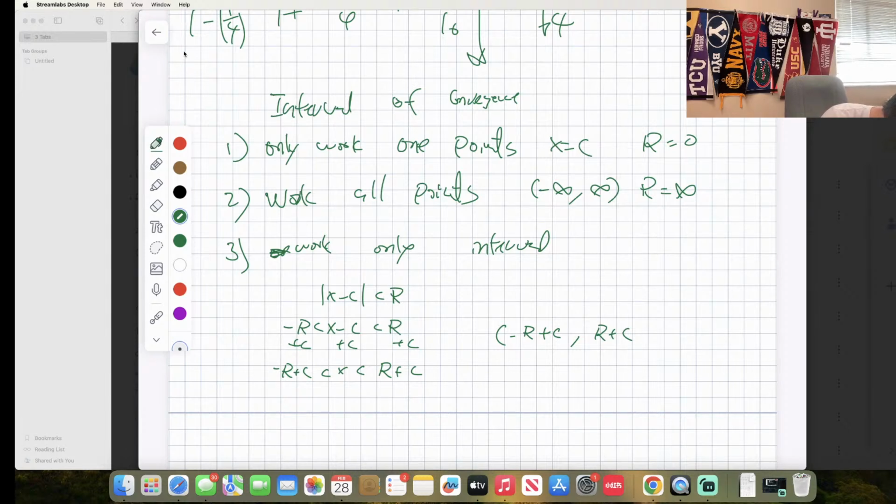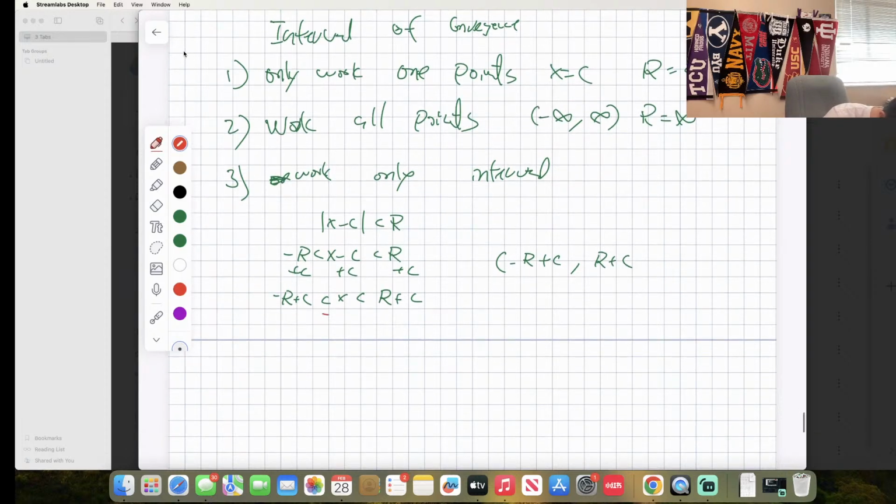Now, I'm going to tell you something that I'm going to put in the red notes. The AP exam really emphasizes not only the radius of convergence, but also whether the endpoints converge or diverge.